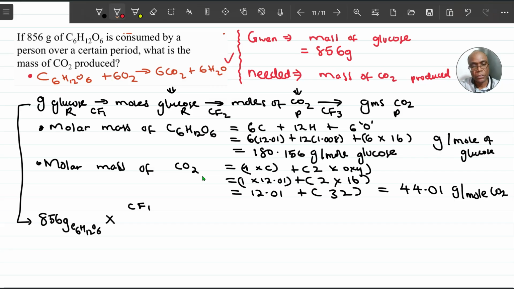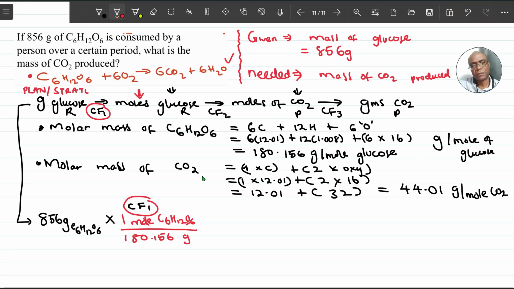So I know that 1 mole of glucose is equivalent to my molar mass, which is 180.156 grams. So I need the mole as the numerator so that I go to the moles of glucose according to my plan. This is our strategy.